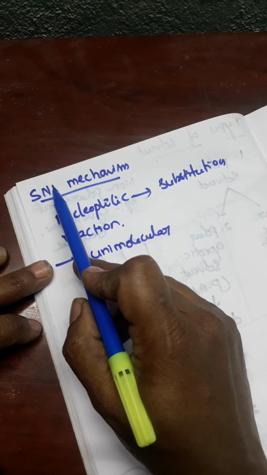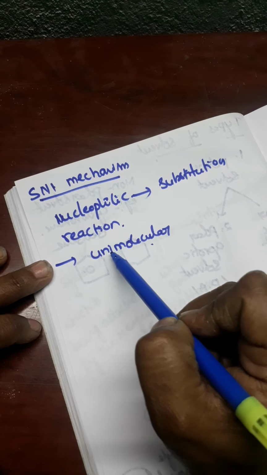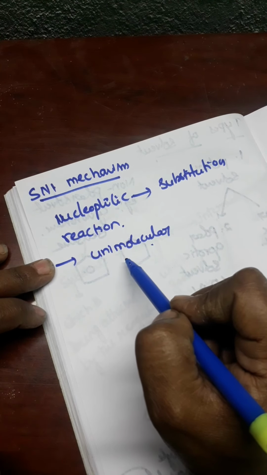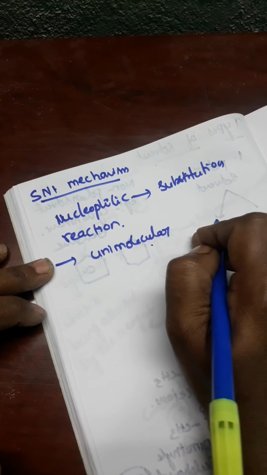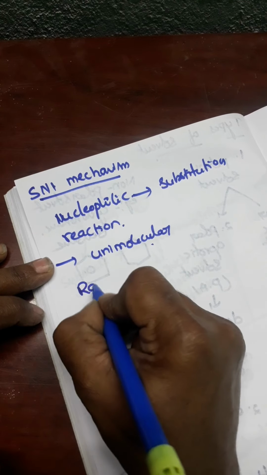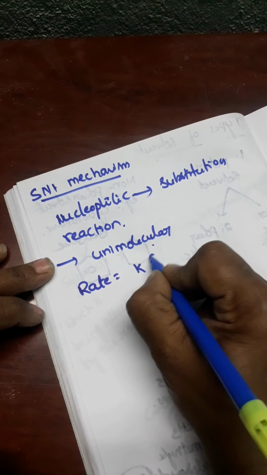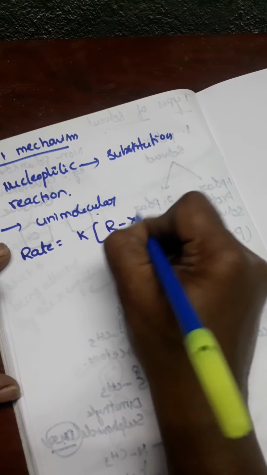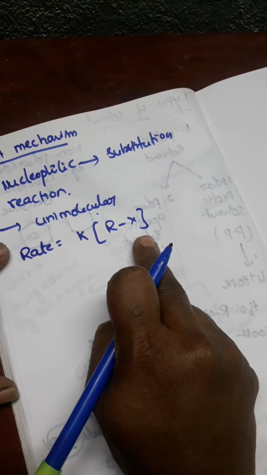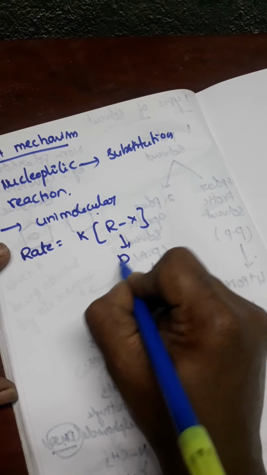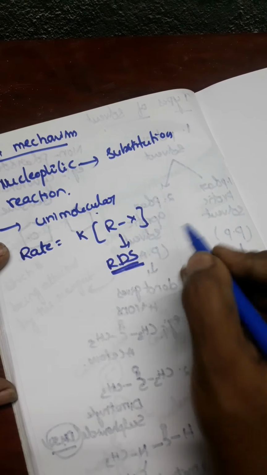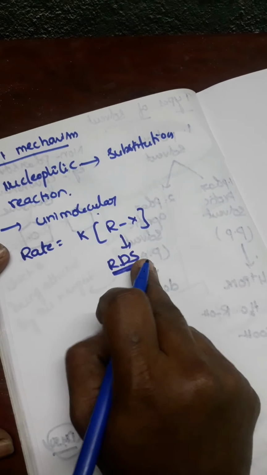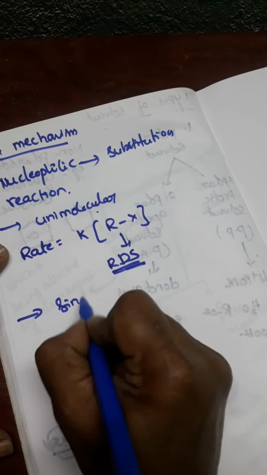That's why the one stands for unimolecular. It is described by the expression: the rate is equal to k into R minus X. This is the rate determining step, RDS, which depends upon the decomposition of a single molecular species.